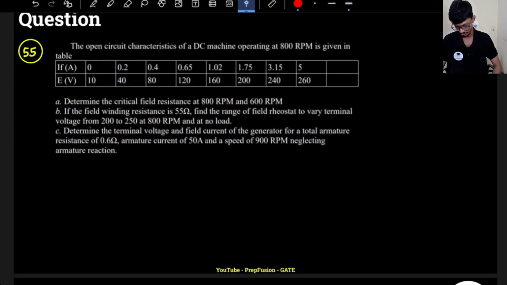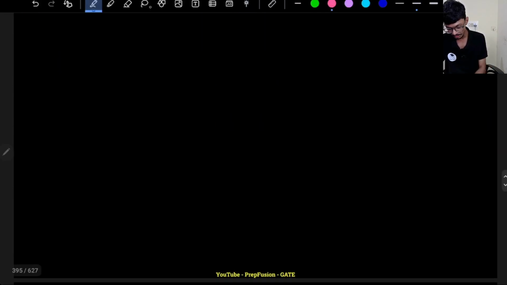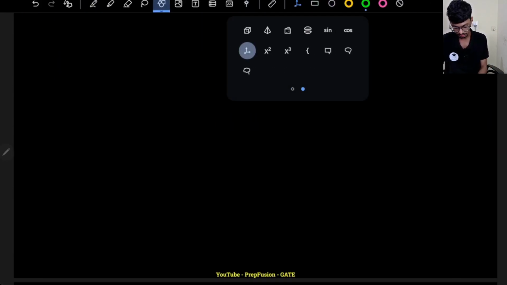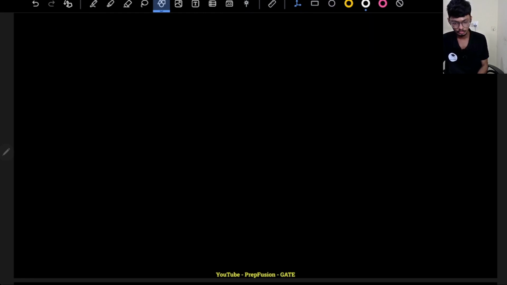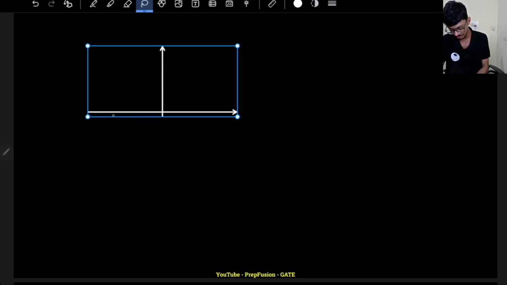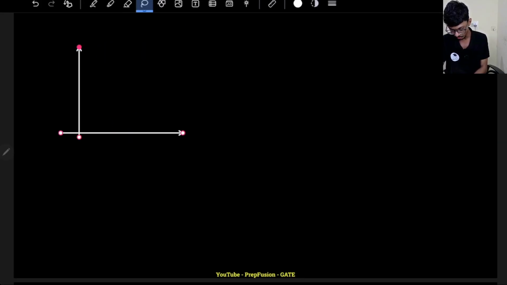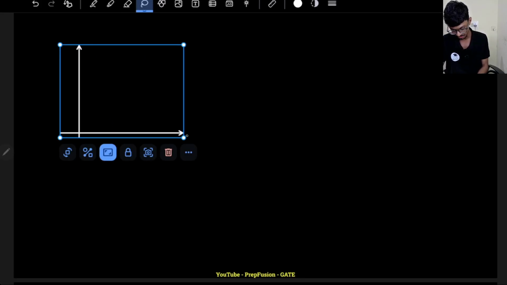Let's solve this question. The open circuit characteristics of a DC machine rotating at 800 rpm is shown below. The field current and the voltages are shown below. So basically, in the lab, if you want to test and characterize your DC machine, you will perform this experiment where you measure the voltage across the armature when the generator is open circuited, and also measure the field current, as I have shown you in the circuit diagram.